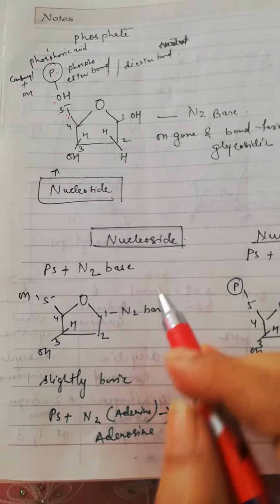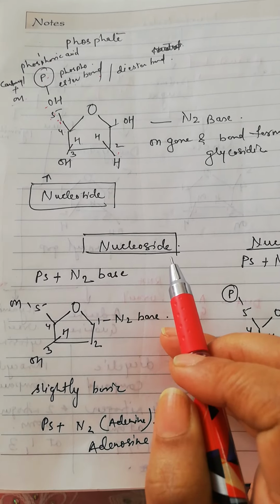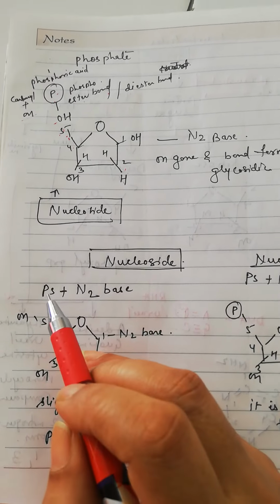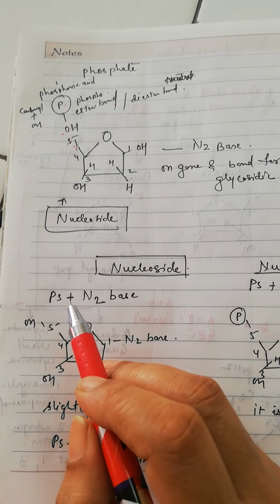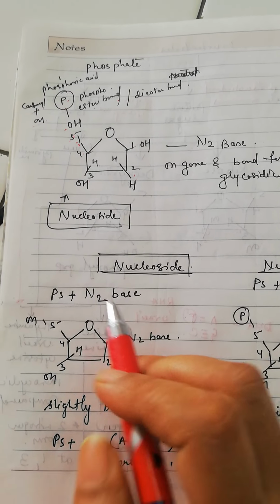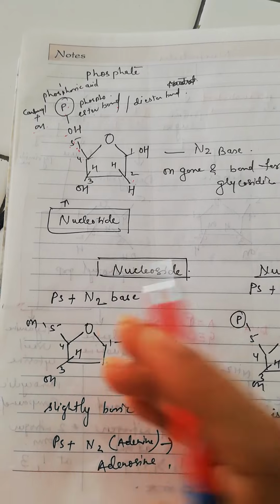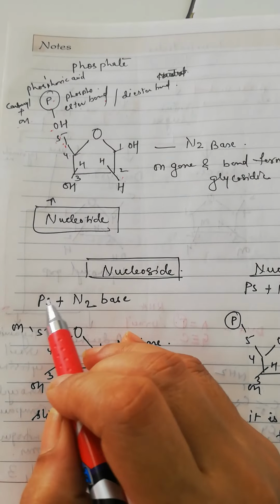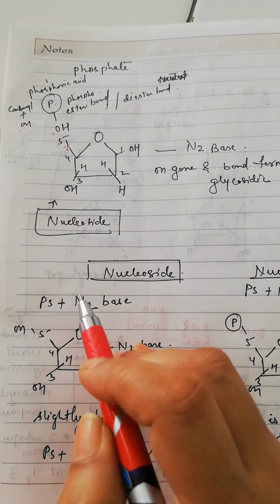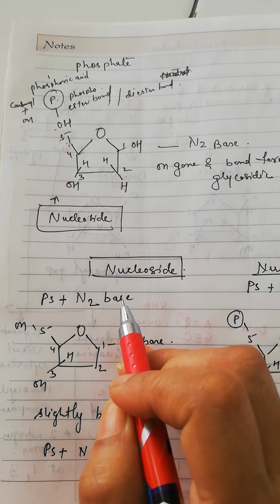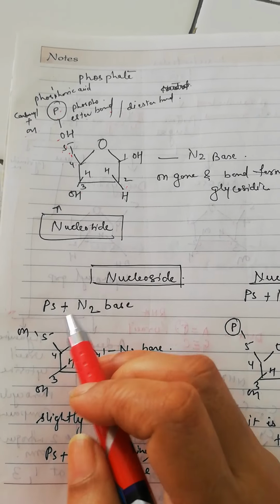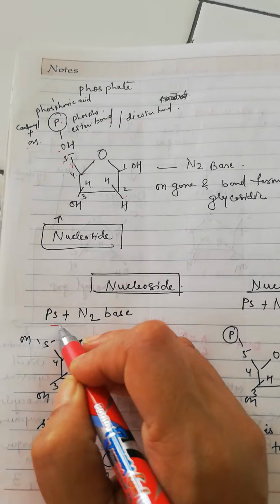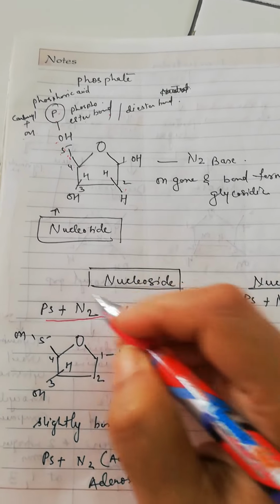We can see what is a nucleoside. When a pentose sugar is attached with the nitrogenous base, then it is known as a nucleoside. That means in this particular bonding, phosphate is absent.